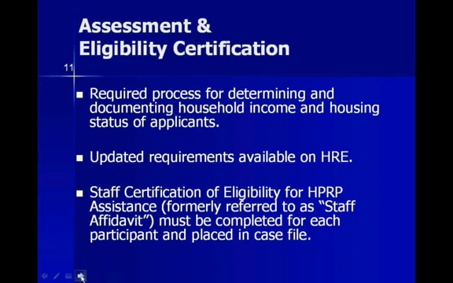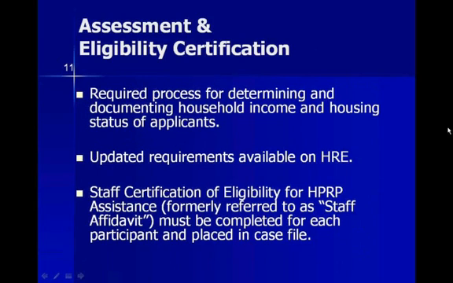And the staff certification, formerly known as the Staff Affidavit, just to quickly review this, is required for all households determined to be eligible for HPRP assistance. So once you've determined somebody eligible, you need to complete this certification. It essentially documents that the household meets all eligibility criteria for HPRP assistance. It certifies that true and complete information was used to determine eligibility, and that there's no conflict of interest existing between the staff person who's certifying that eligibility and the provision of the assistance.